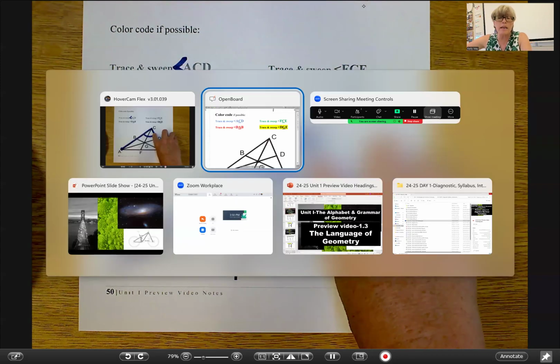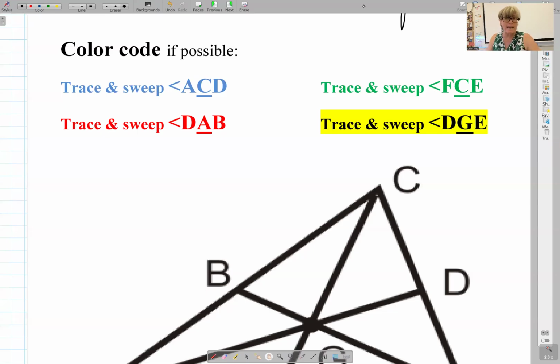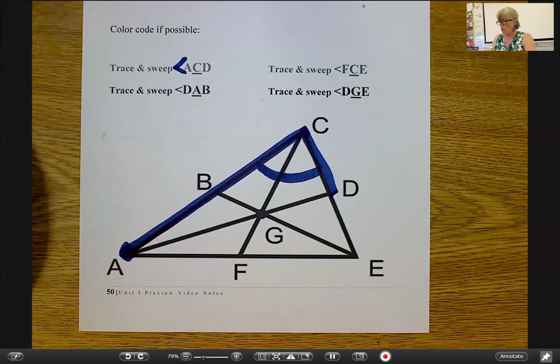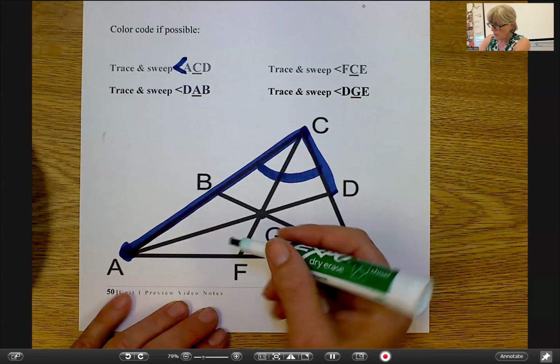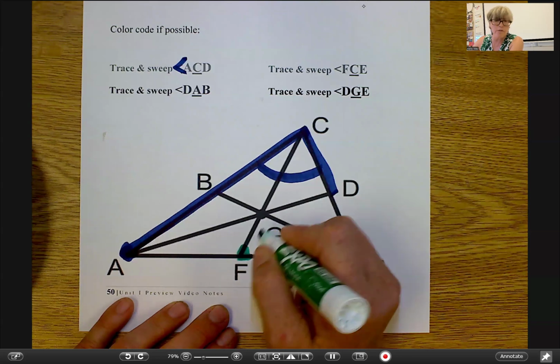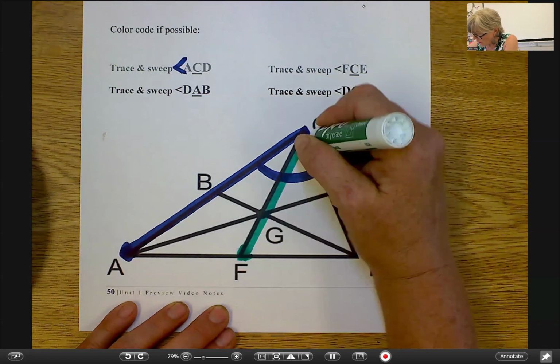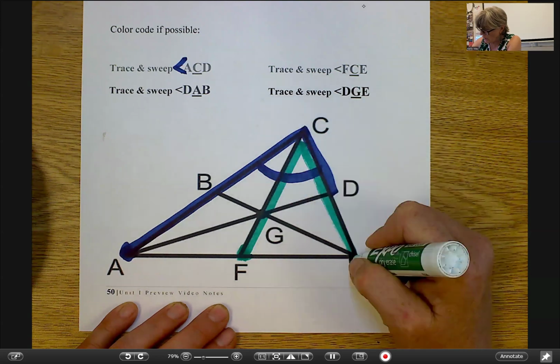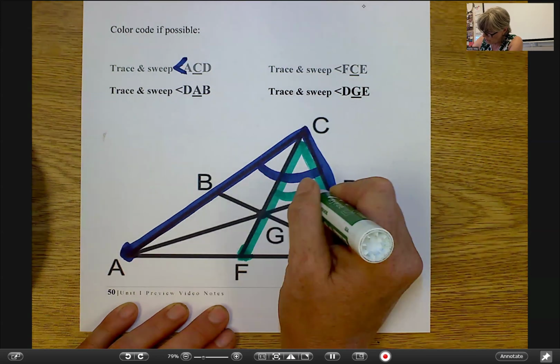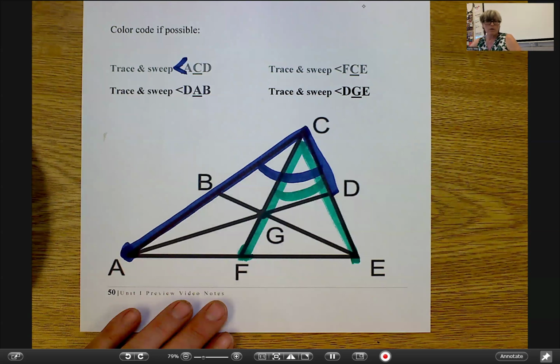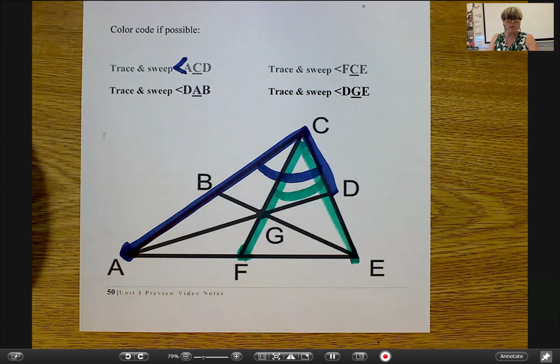Now using green, I'm going to do FCE. Follow along. Put your pencil on F, go to C and E, trace and sweep. That would be that angle right there.